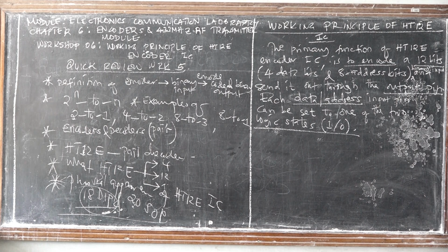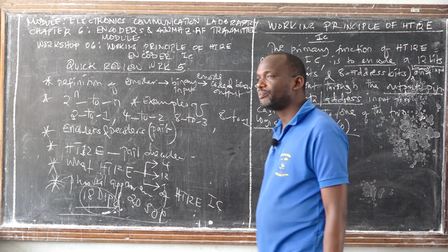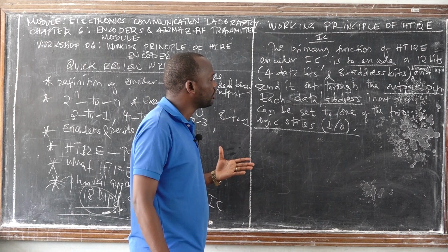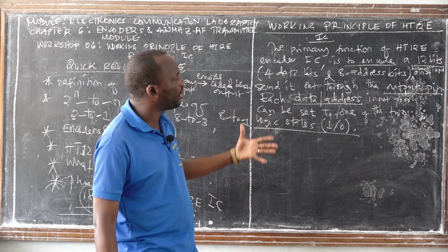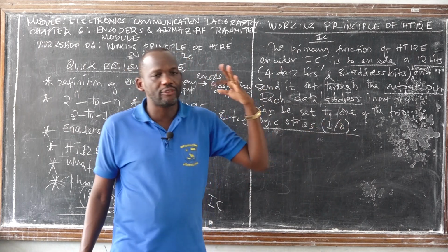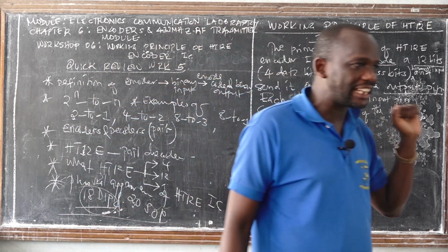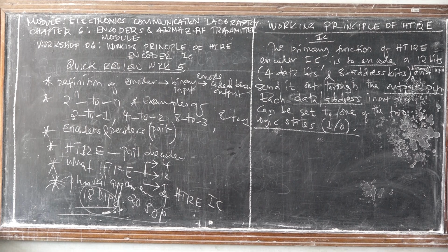Are we together? Let me repeat. We can supply the input digital signal to the HT12E encoder through the 4 data pins. But in that integrated circuit we also have 8 address pins.